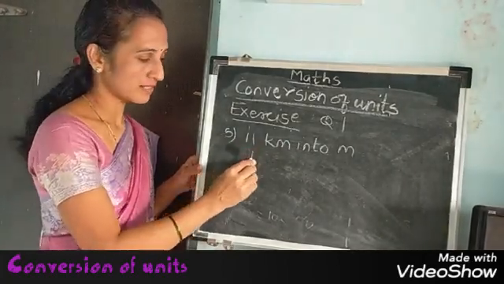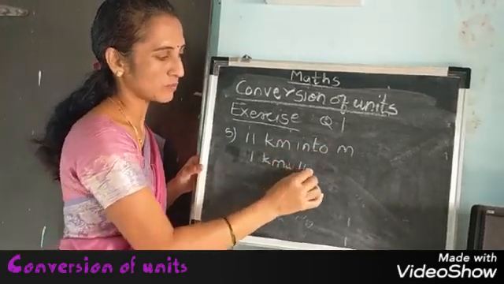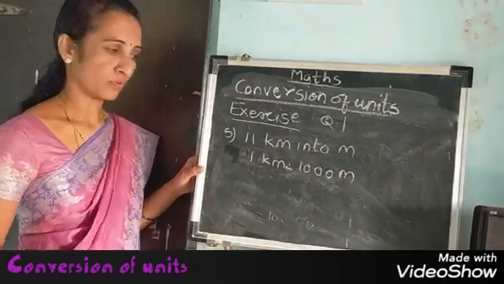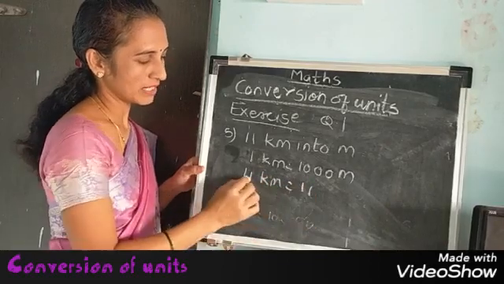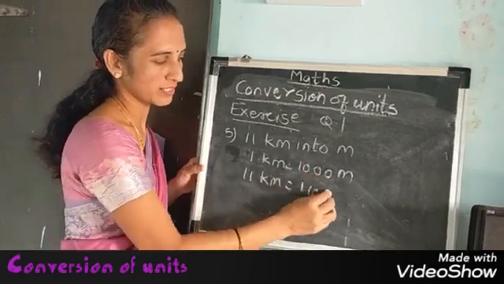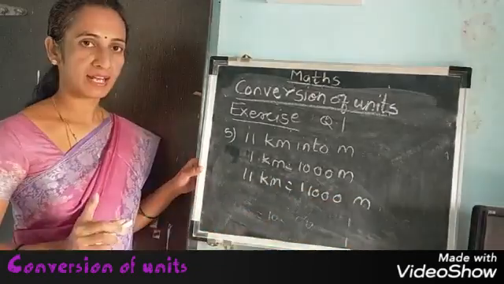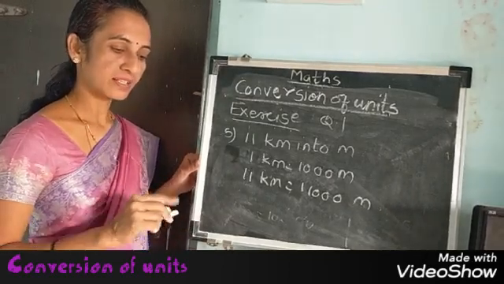It is the longest distance, which kilometer into meter? 1 kilometer is equal to 1000 meter. It is the point of note. Now 11 kilometer is equal to, on 11 how many zeros I have to give? 3 zeros. Meter. These units you have to give. Don't write without unit. Your answer you have to write in units.